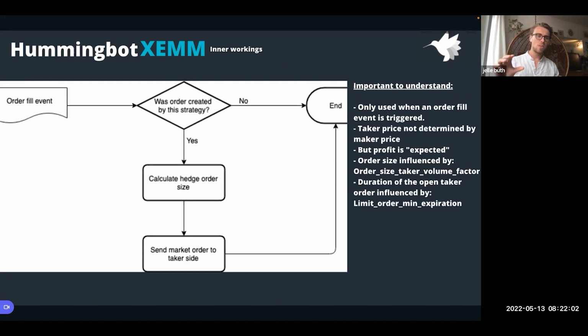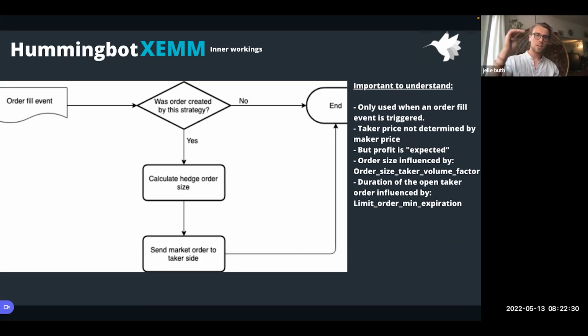And there's one other event, which is the order fill event, that happens whenever there's an order fill. So when your maker order is being filled, what is important to understand is that we'll first check if this order was created by the strategy. Then it will calculate the order size, and the order size is dependent on one variable, which is the order size taker volume factor, which I always set to 100%.